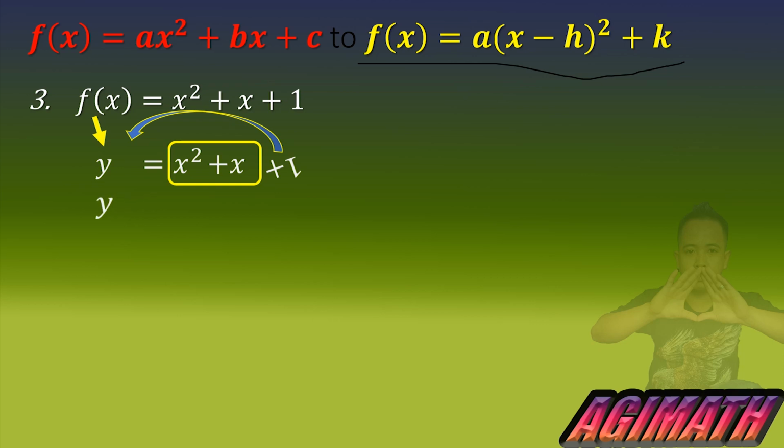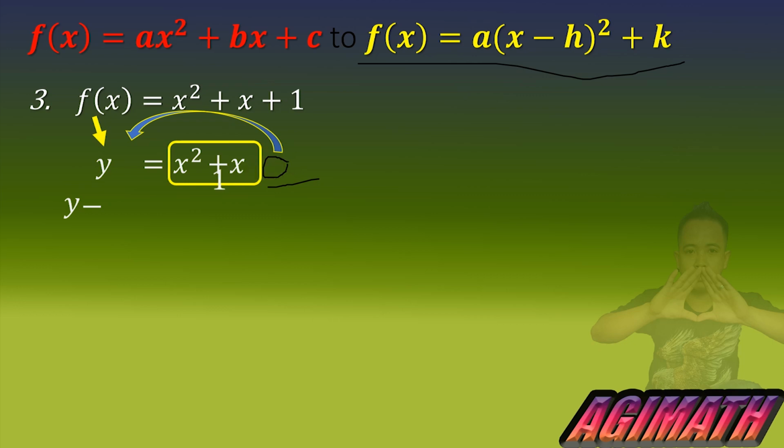Okay, so we will have y, and then when we transpose positive 1, if you can recall, when we cross the equal sign, we do the reverse operation. Since the operation is addition, when we transpose to the other side, that will become subtraction.